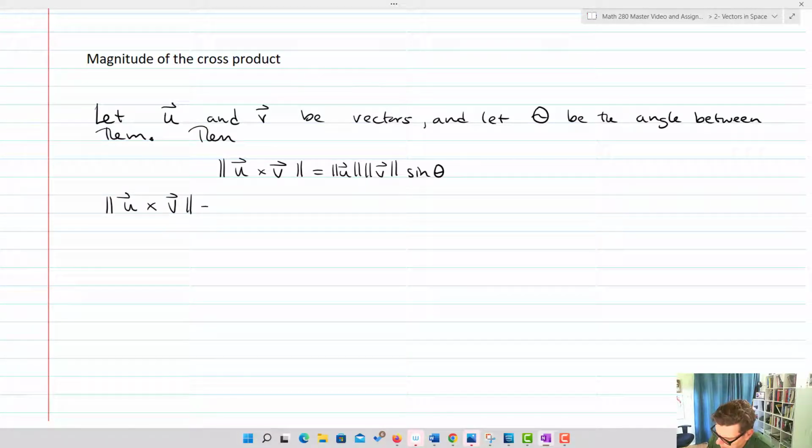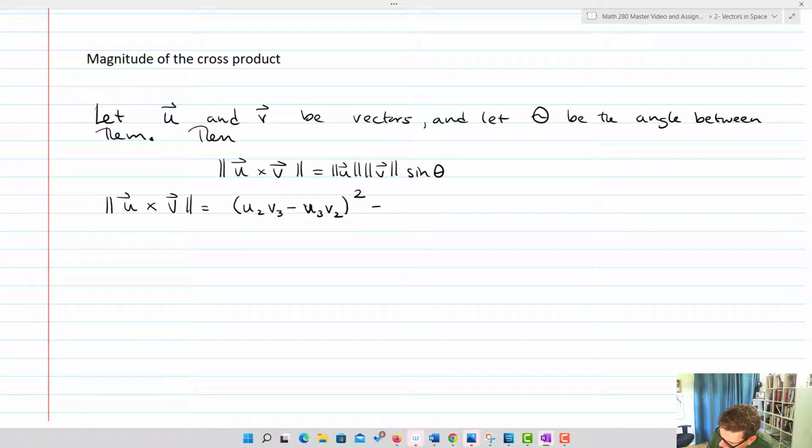We know the components of each one. So the ith component for u cross v is going to be u2 v3 minus u3 v2, and we'll square that. So that's that component.